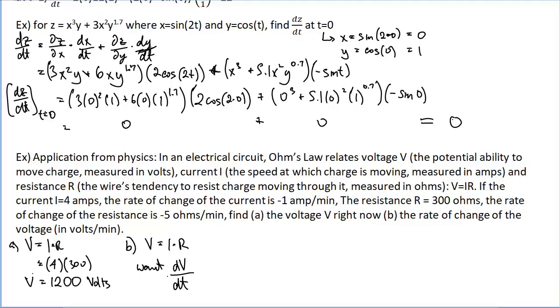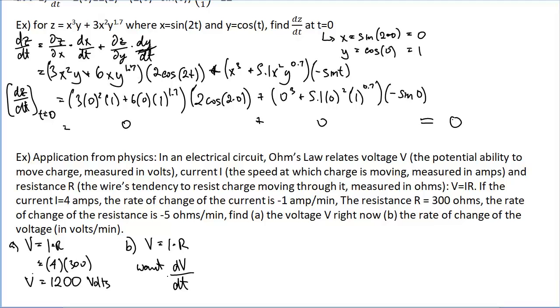So in terms of the chain rule, what do we have? We know that V is a function of two things. What are those things? I and R. And I and R are functions of t, so as t changes, current I and resistance R both change as time changes.